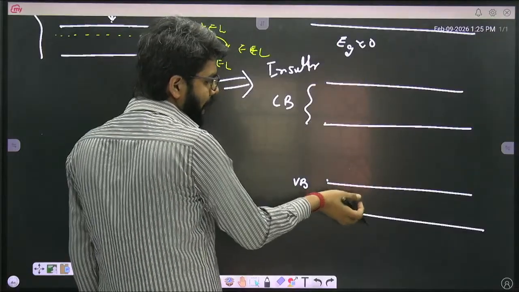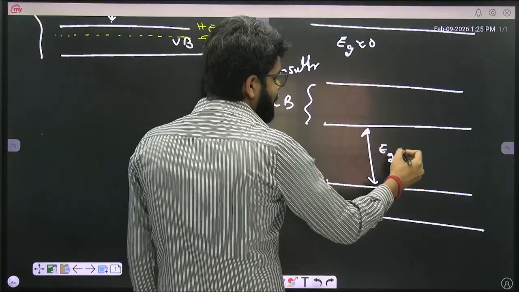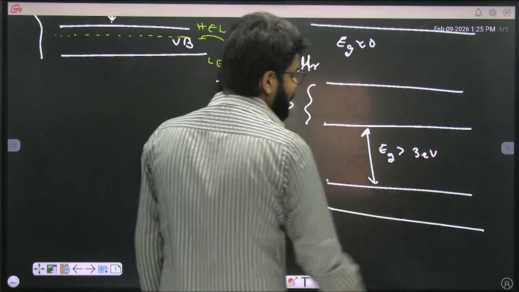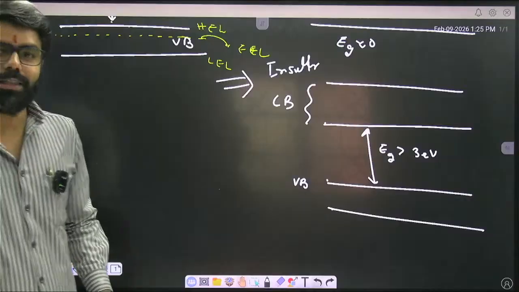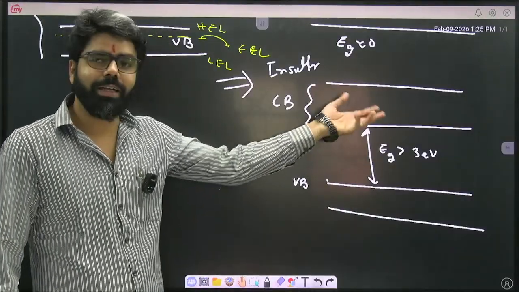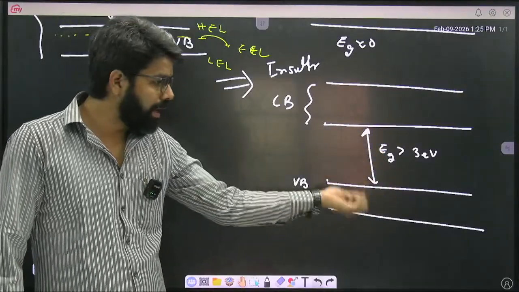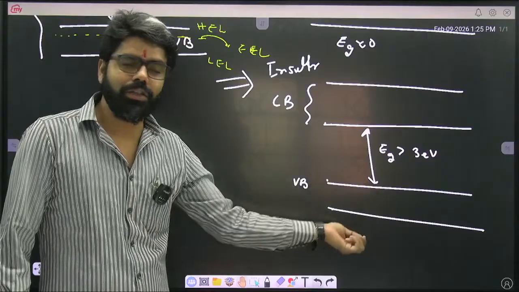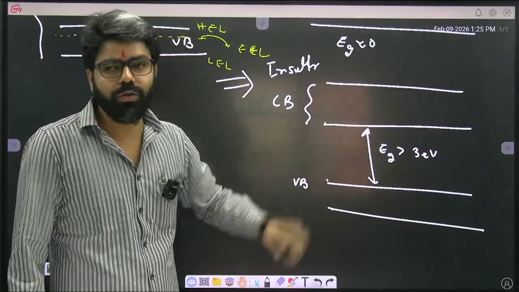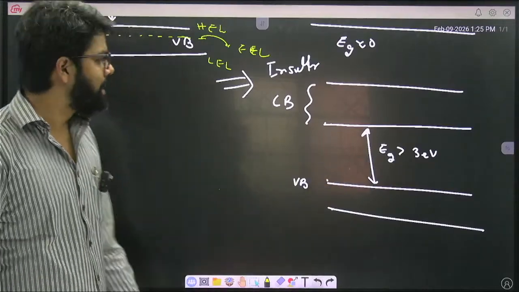This is your energy gap, and it is greater than approximately 3 electron volt as per NCERT. So the insulator has an energy gap greater than 3 electron volt, and that is why it is considered an insulator. We cannot apply so much energy that the electron can jump to the conduction band. That is why they cannot conduct electricity.